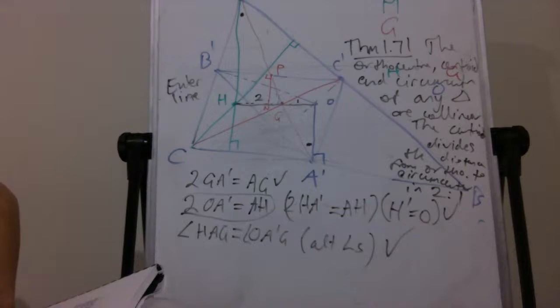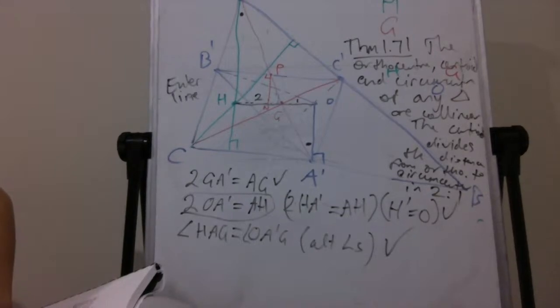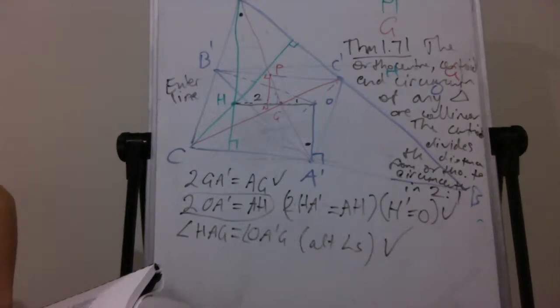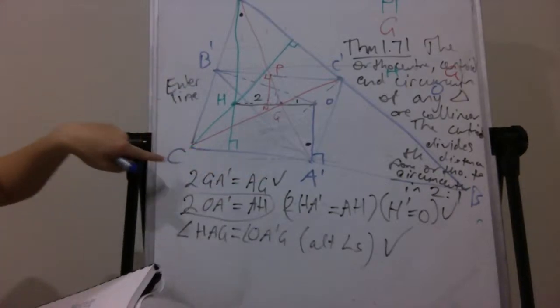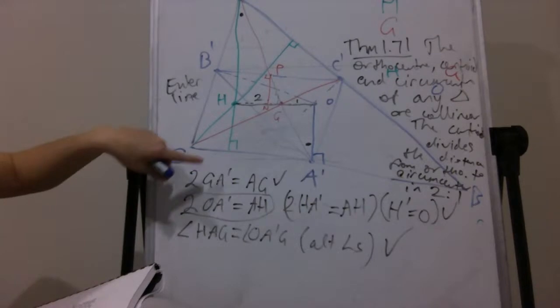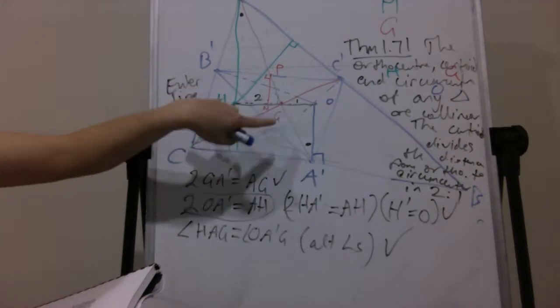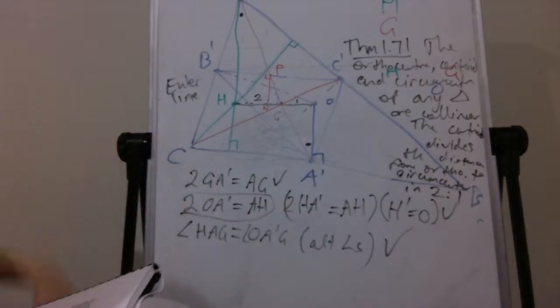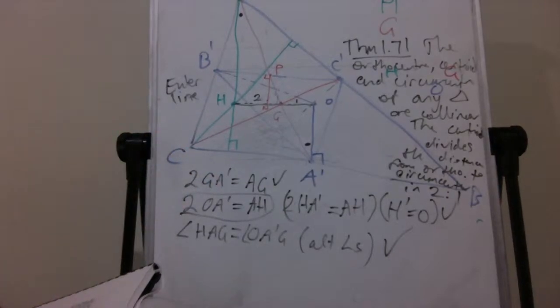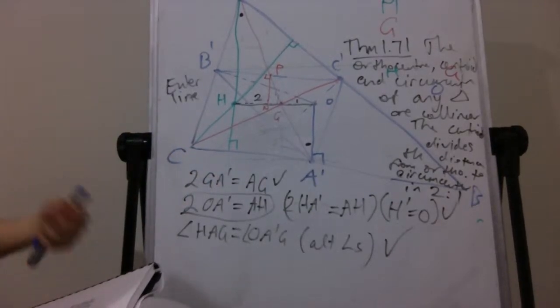They're all perpendicular to B prime C prime, right? You just need to prove PN is perpendicular to B prime C prime. B prime C prime is parallel to BC, yes? So each one of those three lines is perpendicular to one of those two lines, yeah? So they're all parallel. Okay, yeah, that is the conclusion. They're all parallel, yeah?